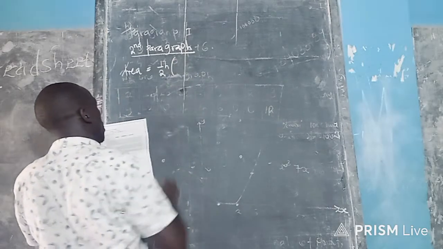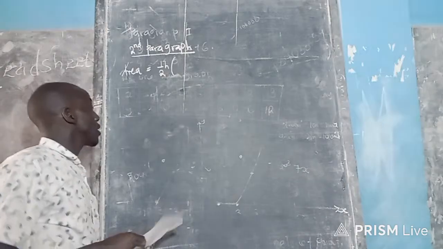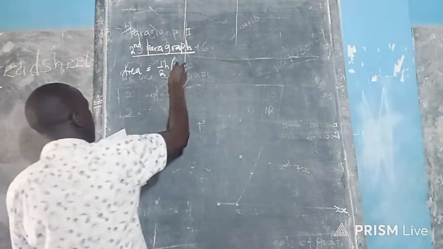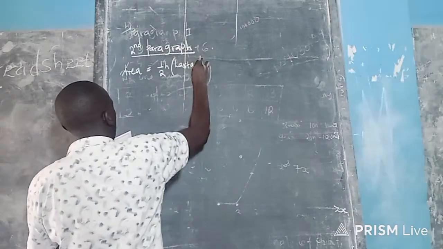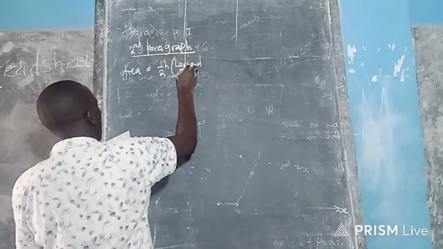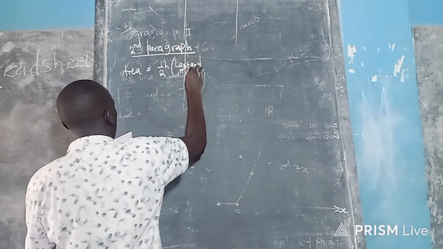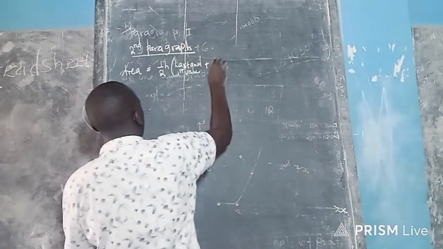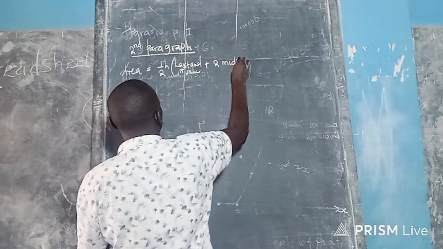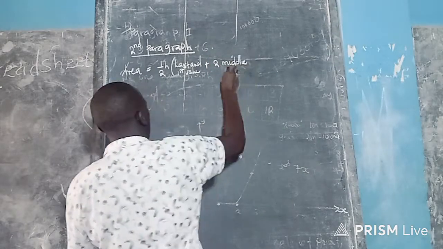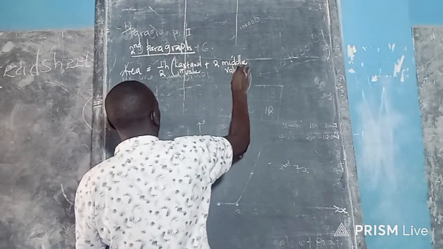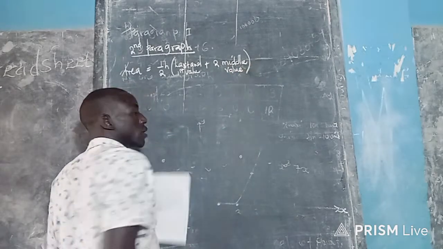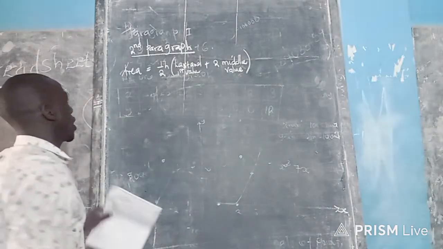So we get the values, the difference between the last and the first value. Can also call them in a different way. Plus 2 times the middle values. You can also call them in a different way.